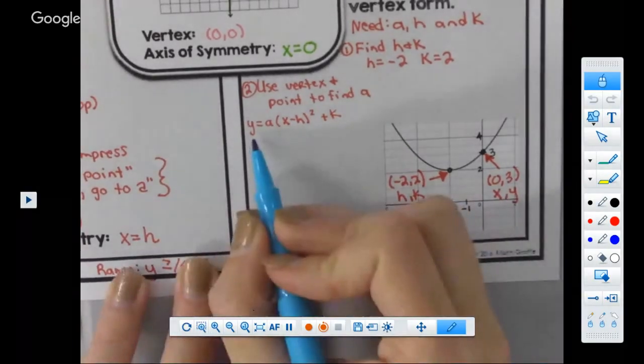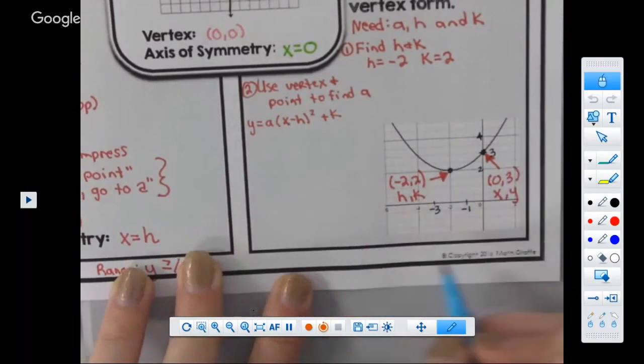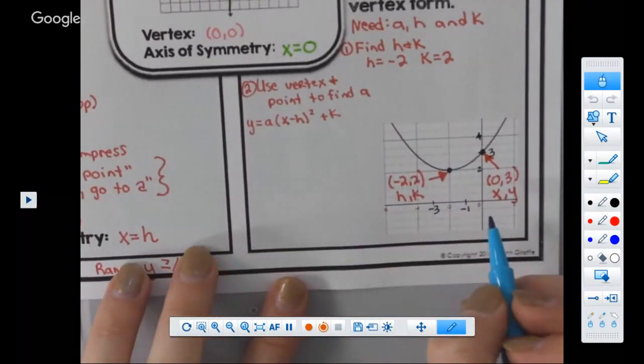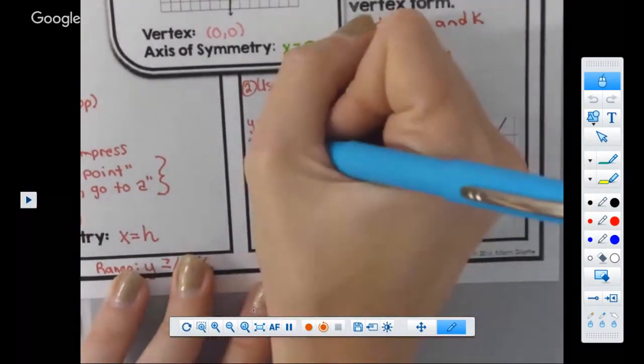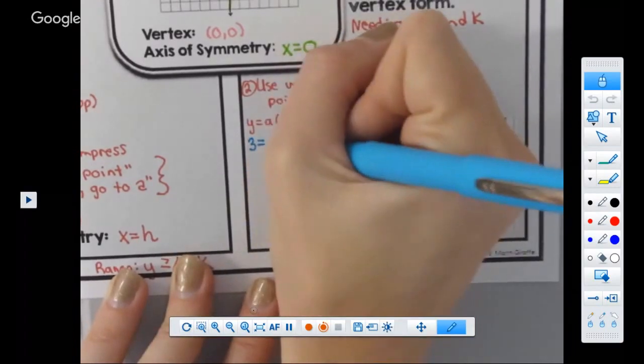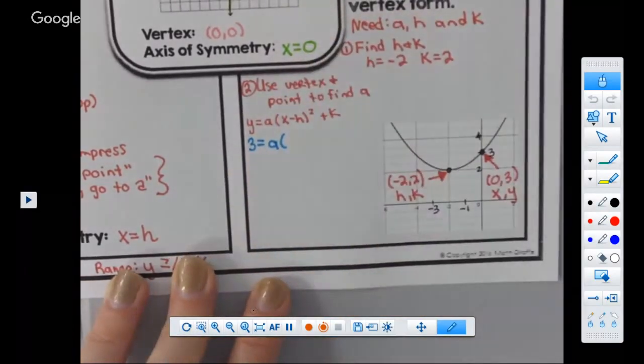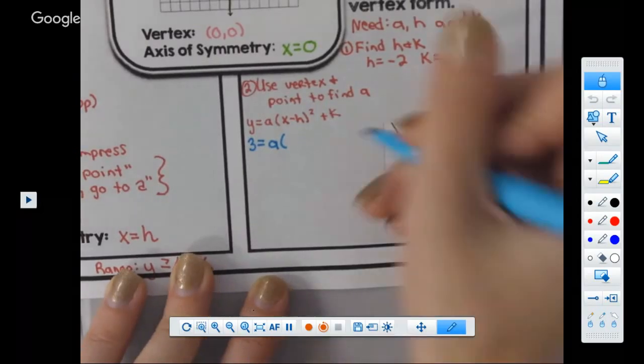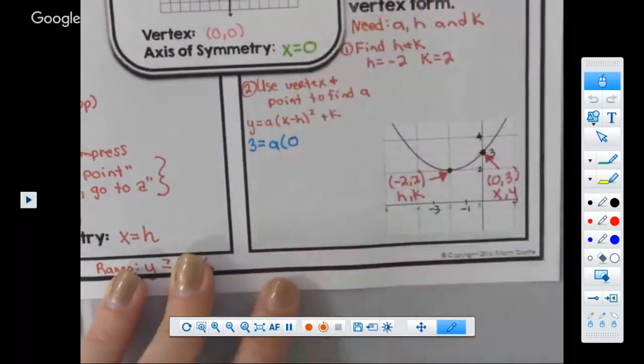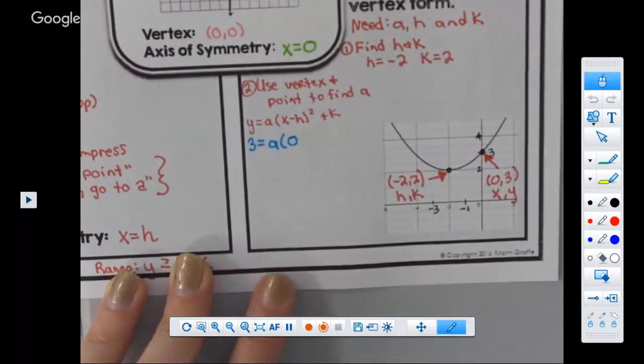So I'm going to start with y. Do we have something over here that we called y? 3 equals. I don't know A, so I'm going to leave A. Do we have something that we called x? Okay, do we have something that we called h?